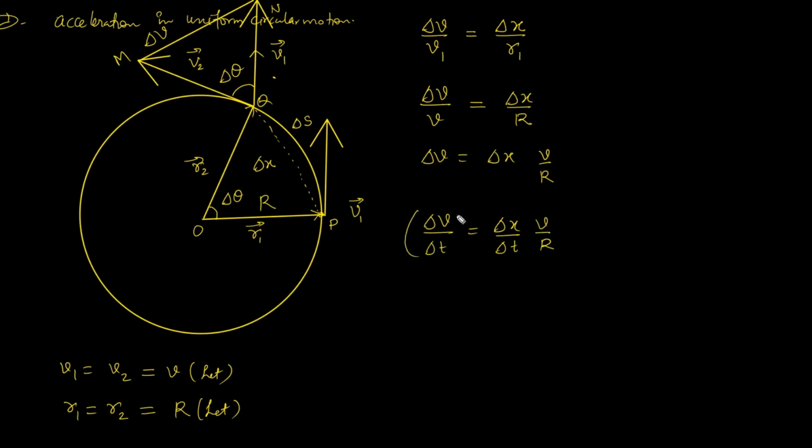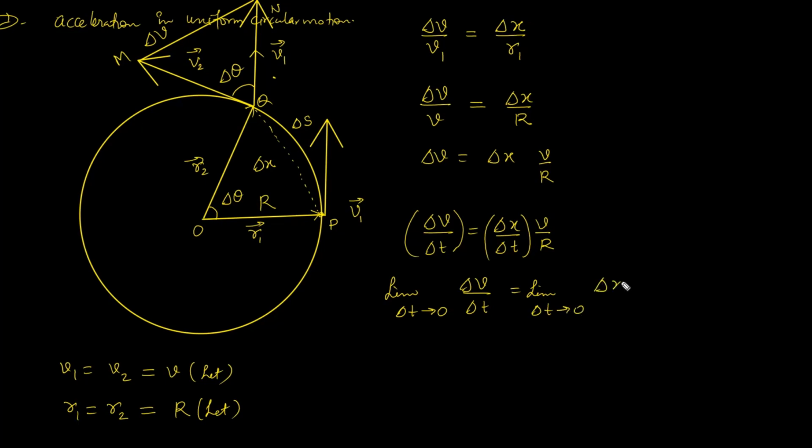Now delta v upon delta t gives us average acceleration, and delta x upon delta t will give us average velocity. So we take the limit on both sides, delta t tends to 0.